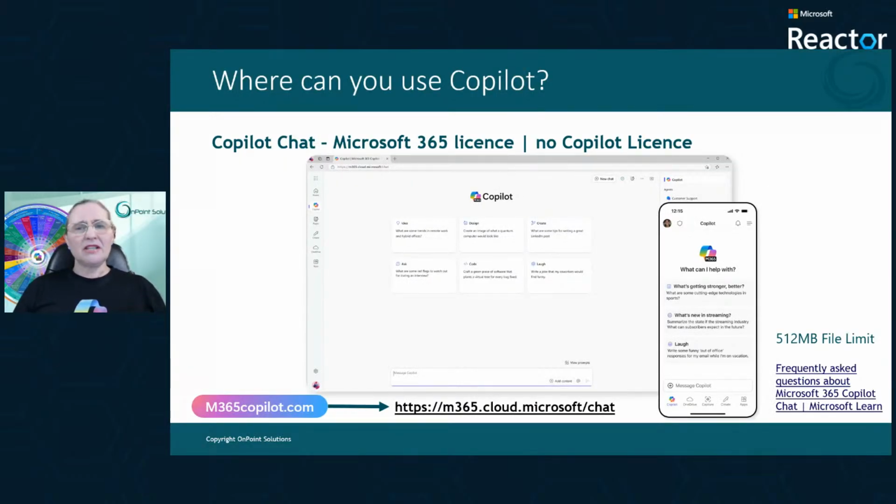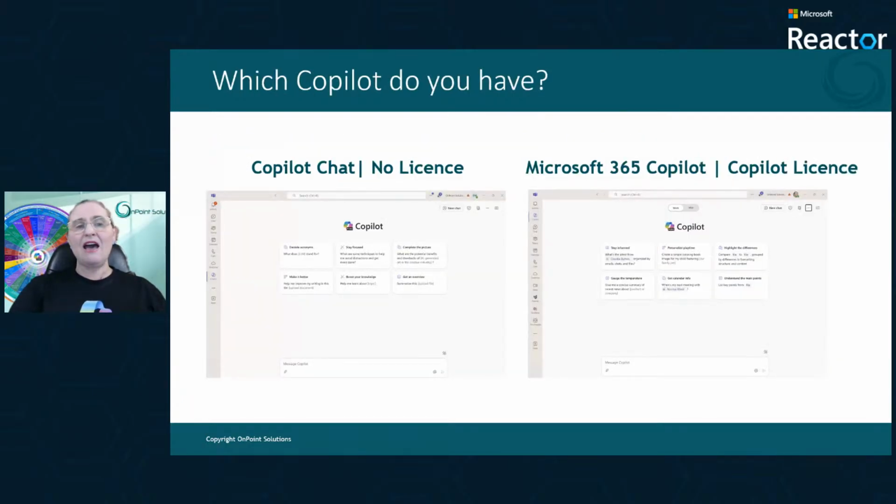So where are we finding Copilot and what do you have? Depending on the technology and the license that you've purchased will make a difference. If you don't have a Copilot license, it's called Copilot Chat, and I don't have this work or web icon. If you've purchased a license, you're going to have different functionality when you get into any of the applications.